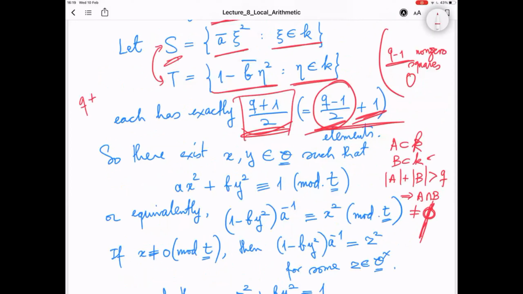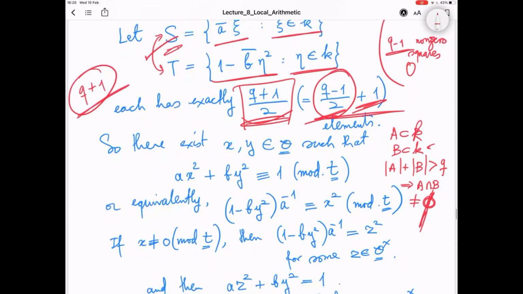Now, these two subsets have q plus 1 elements in total, but there are only q elements in the field K. So there has to be at least one element which is common to these two sets. They are not disjoint. That's exactly what I want to prove, that they are not disjoint.